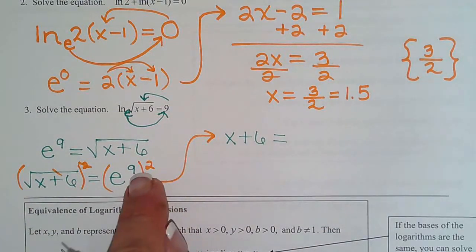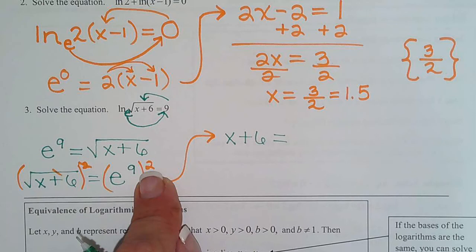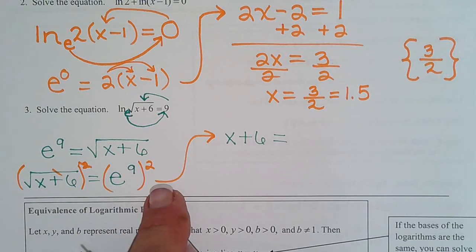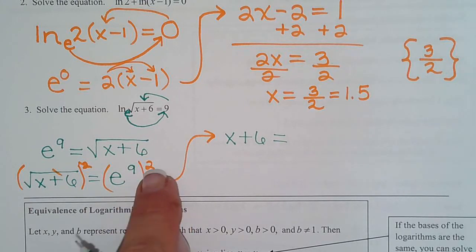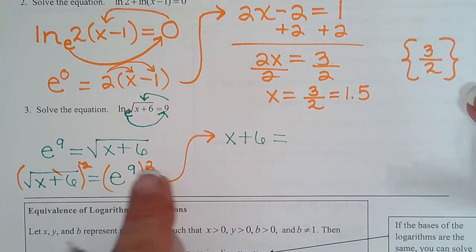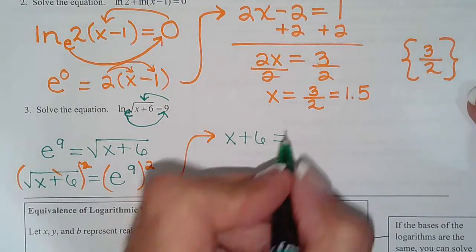So what do I do with those exponents? Add, subtract, multiply, divide? Is it a multiplication problem? No. So I don't add the exponents. It's a raising to the power, and in raising to a power, we do multiply our exponents. So this would be 9 times 2, e to the 18th.